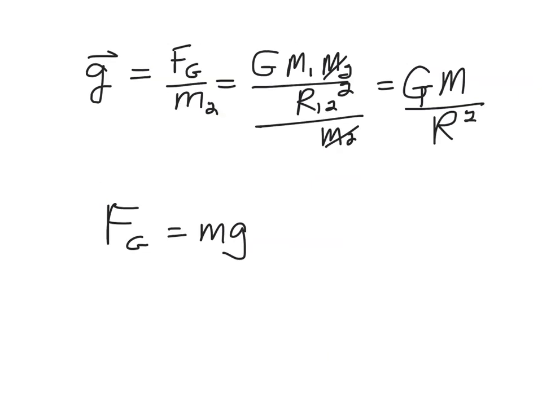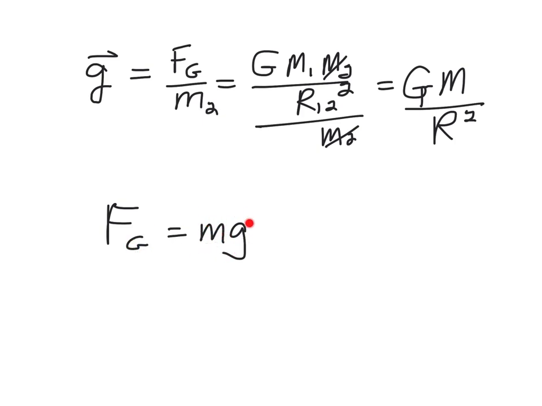Okay, now we want to talk about gravitational field. If we go back to our old equation for the force of gravity, it's the mass times g. But what we said earlier is g has a constant value at the surface of the Earth. But in other locations in space, if we let g change, then we can still use this equation.